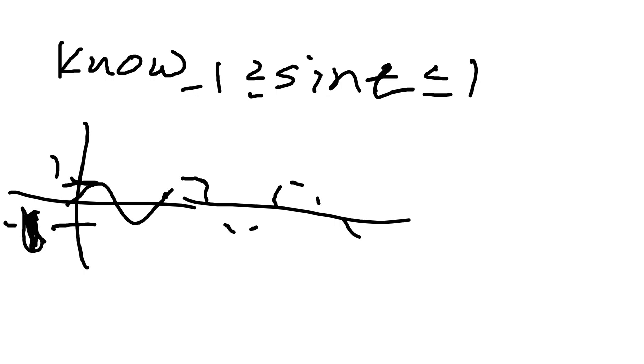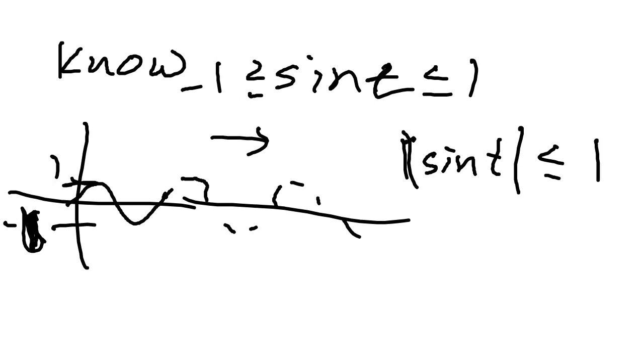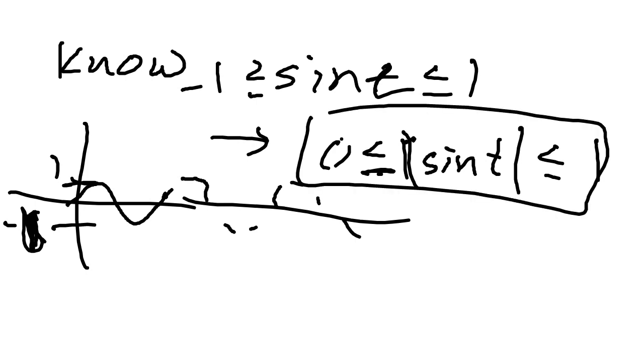So what do I know about the absolute value? The absolute value of sine of anything, I'll just call it sine of t, is going to be less than or equal to 1 for the top side, but if I'm taking absolute value, it can't be negative. So I do know that the absolute value of the sine of anything is between 0 and 1.